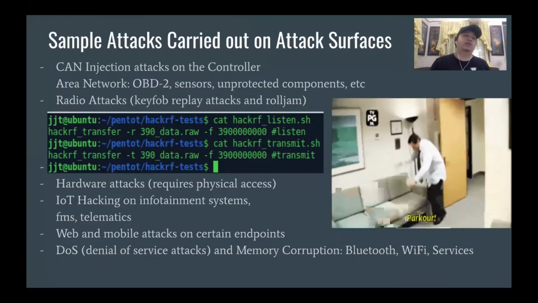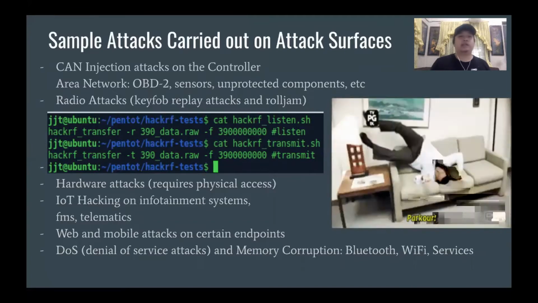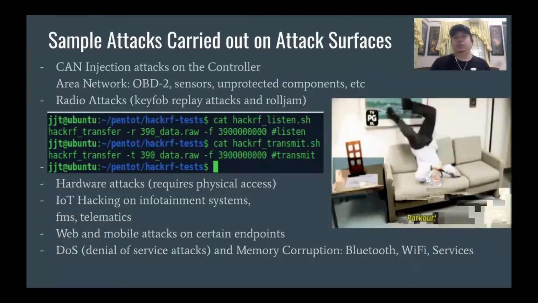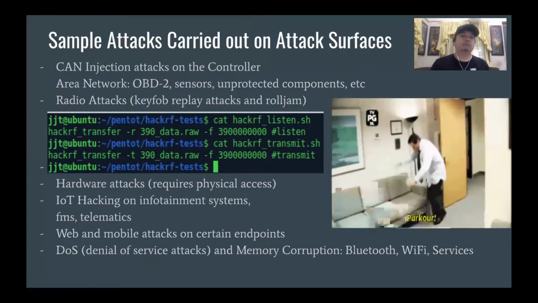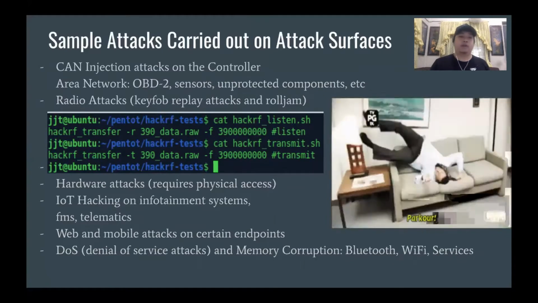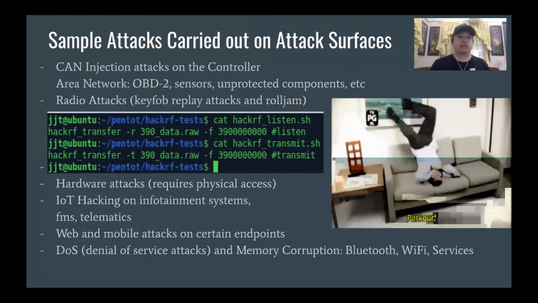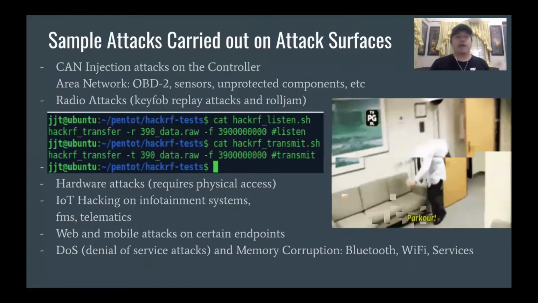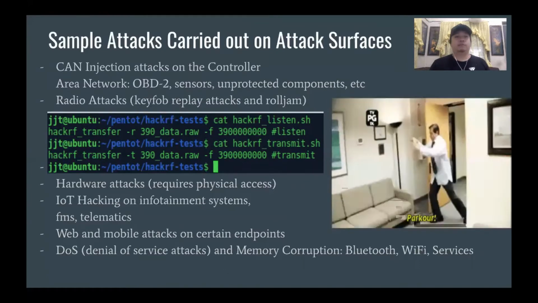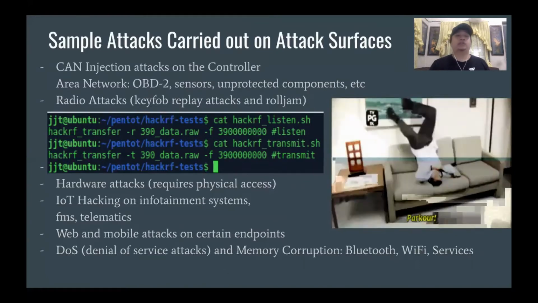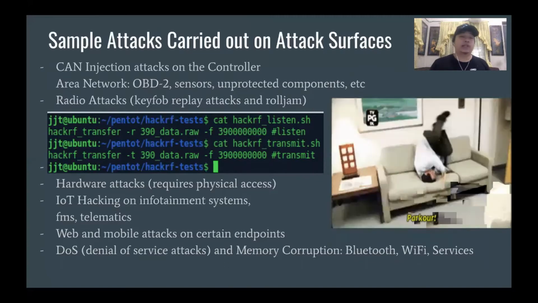And then you also have hardware attacks, which you need to have physical access, like with the embedded system. You can have hardware glitching for those attacks. And then we also have IoT hacking on infotainment systems, the FMS or the fleet management system, or the telematics.